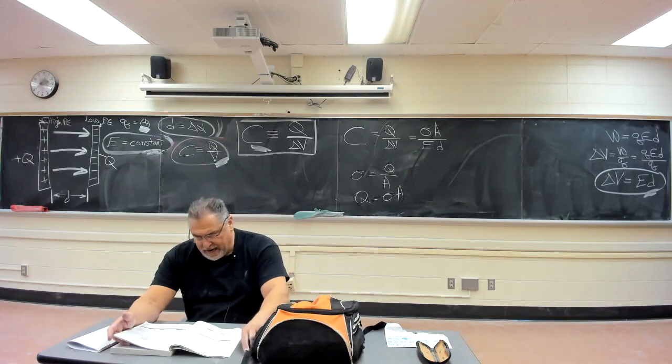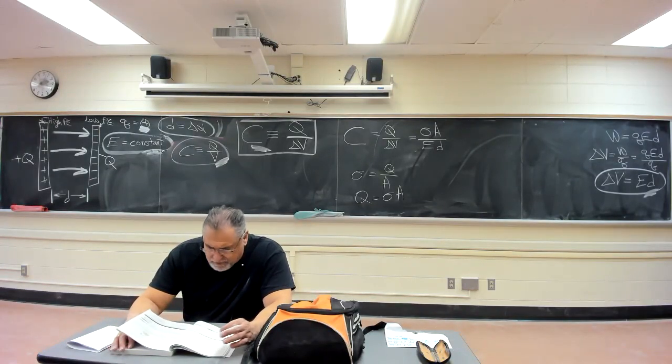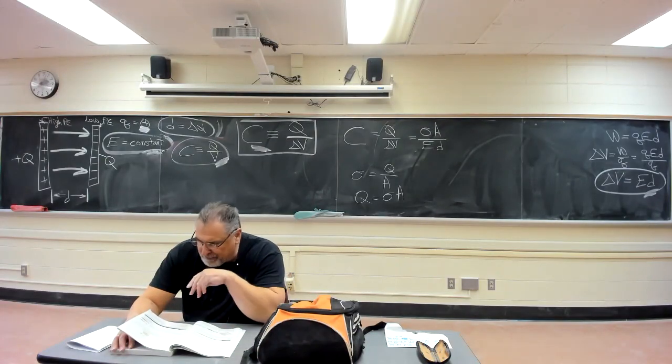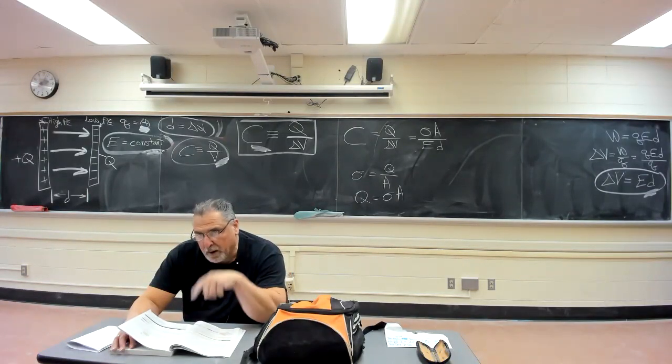Right. Okay, yeah, there is kind of a subtle point here. For those of you who have the book, if we look at topic 15, page 519, we get an answer of sigma over 2 epsilon naught for the E field, but that's for an E field associated with one plate.